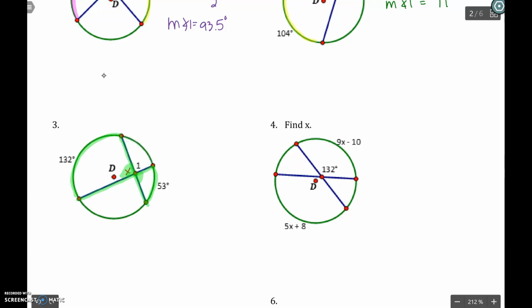Just like our vertical angles. Maybe a little lopsided, but it's still the bow tie. So if we're going to look for x, we're going to average the 132 and the 53, add those up and divide by 2, and when you do that, you'll get 83.5. Now to find angle 1, these are supplements. So you're going to take that 83.5 and subtract it from 180. And when you do that, you'll get 96.5.